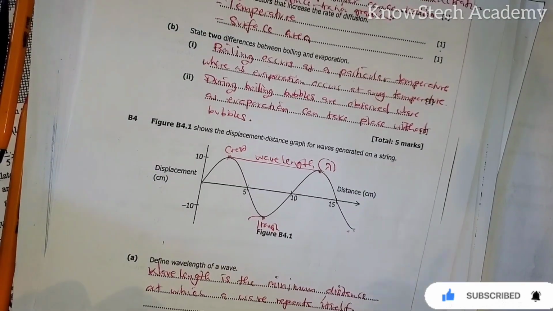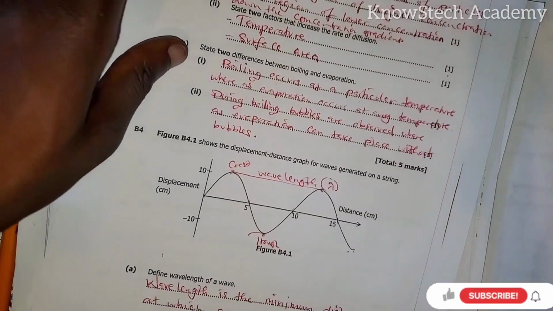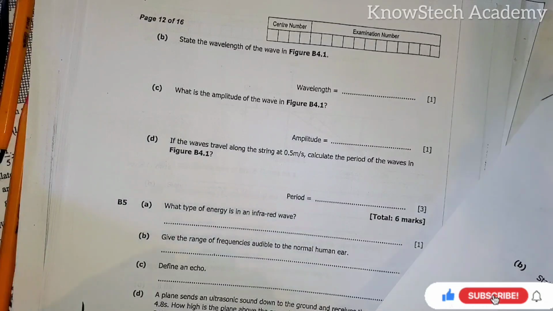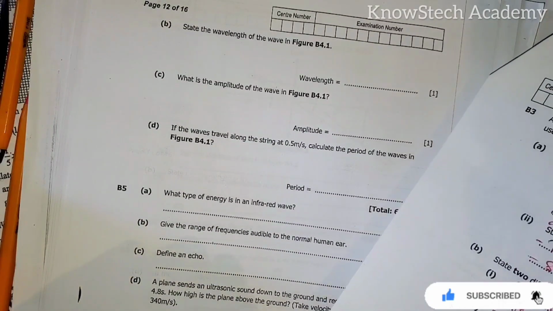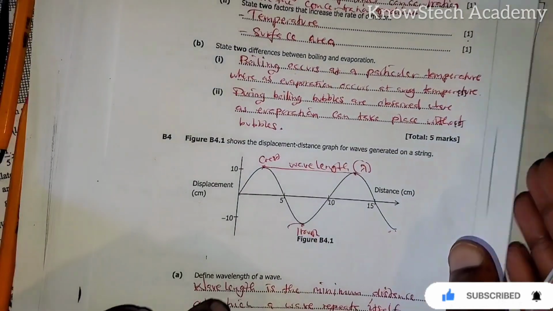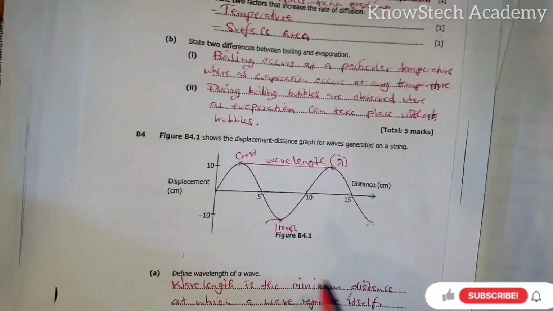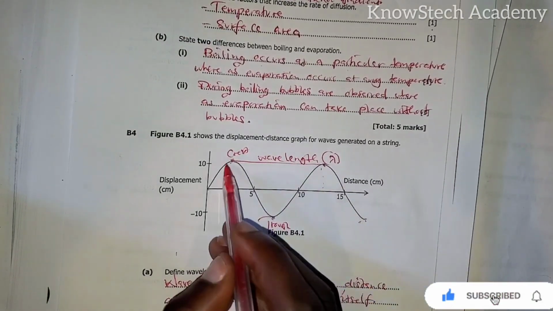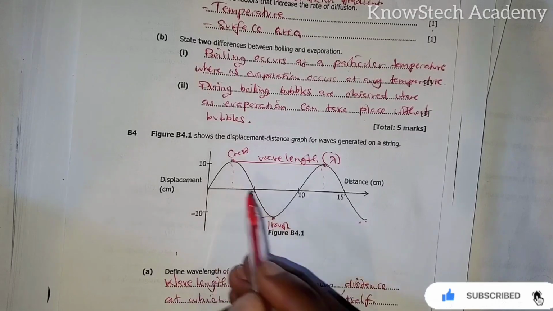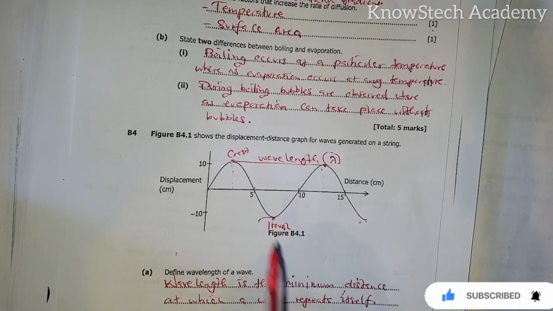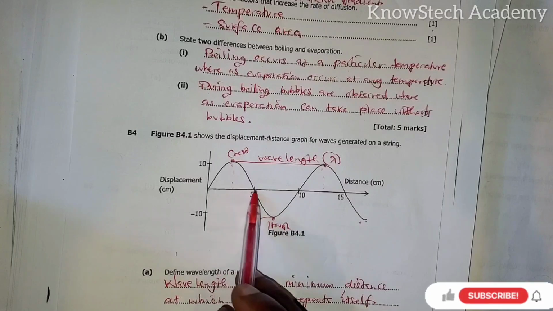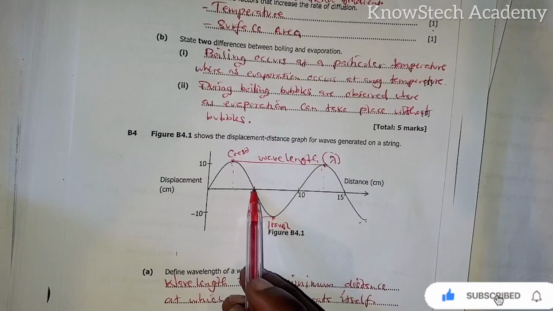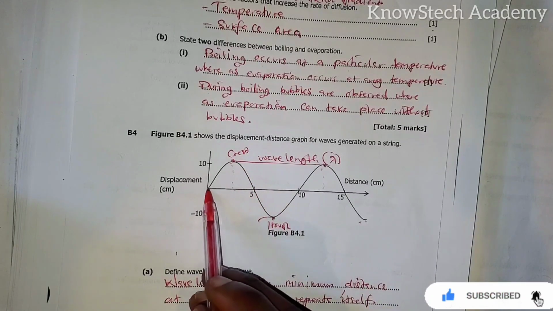Now we are asked to calculate the wavelength of the wave in figure 4.1. From here up to here is half a wave, I'm sorry, not one wave.